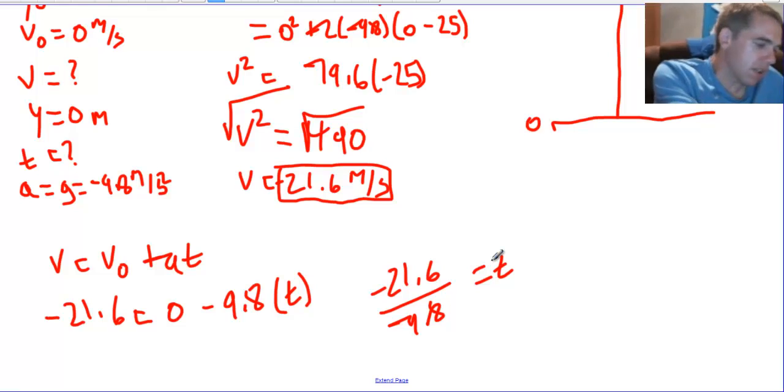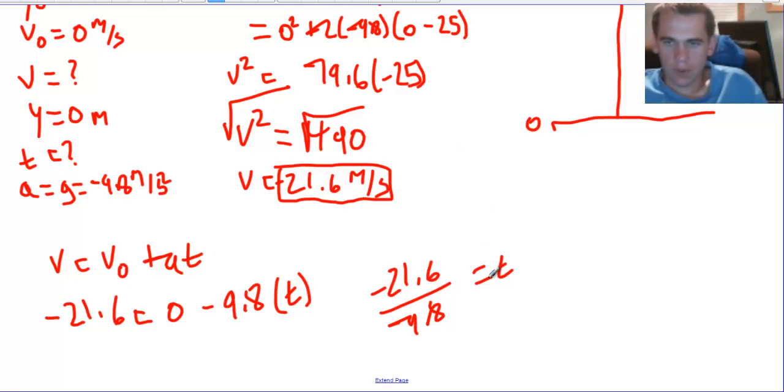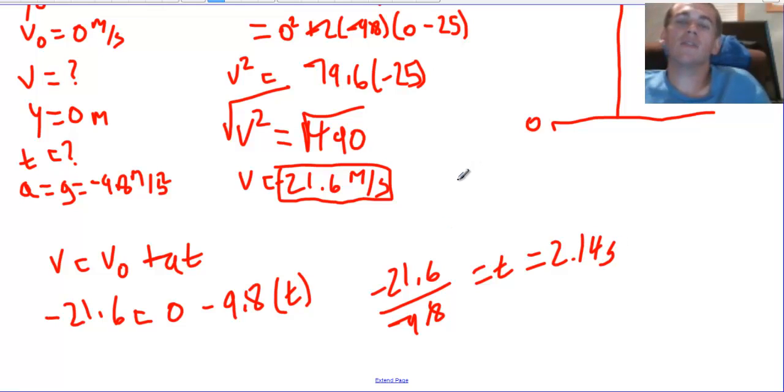So 21.6 divided by 9.8 equals 2.14 seconds.